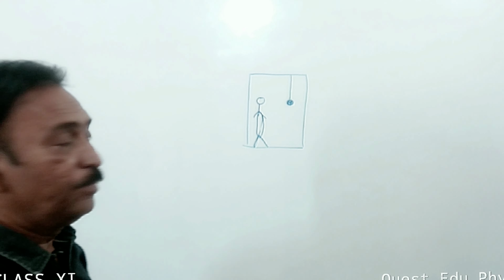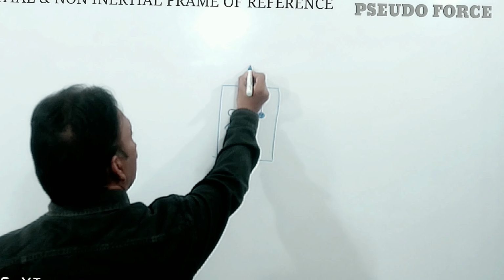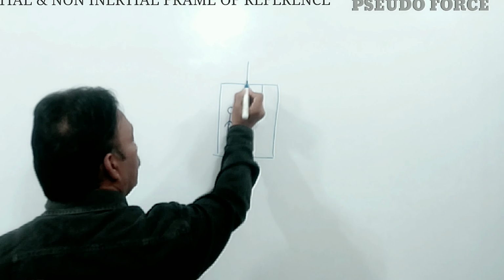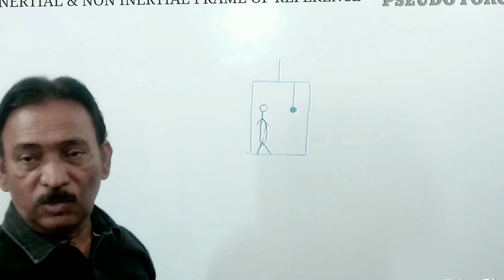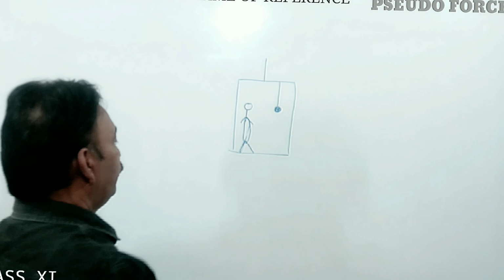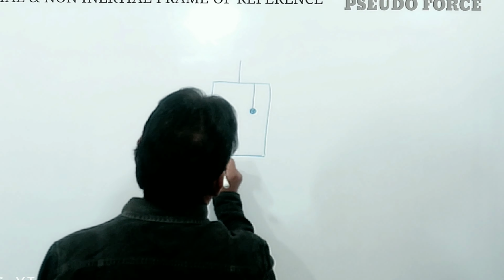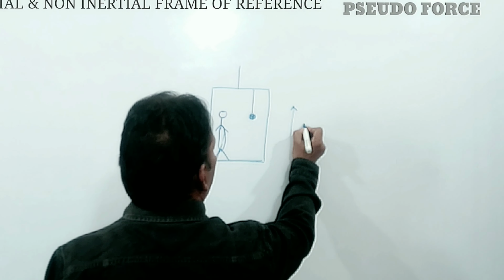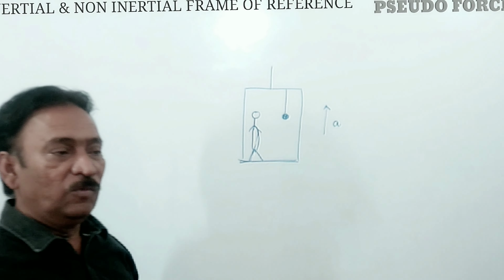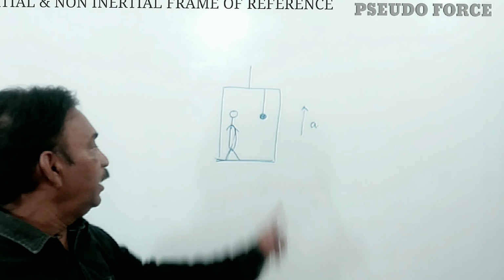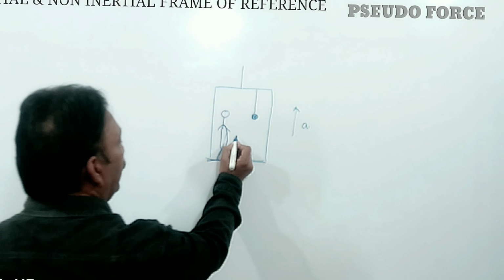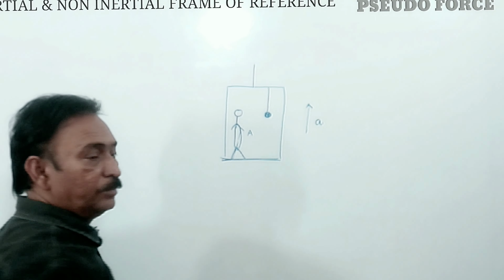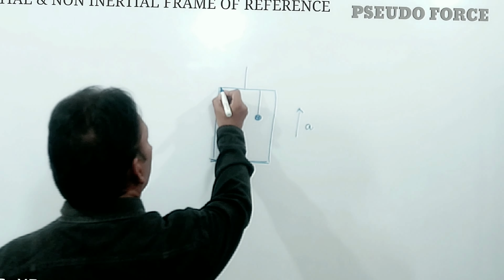Okay, students, let's see. It is a rope which is connected to the lift and it is the base. Let's say it is moving up with acceleration a. Call him the person A.